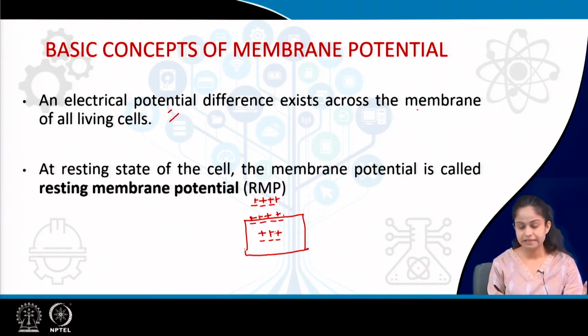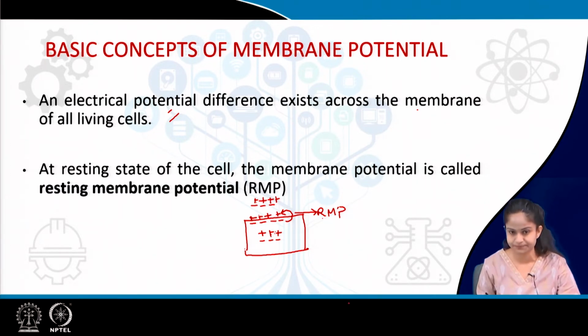As we can see, there are differences of the charges at the surface of the membrane and just below the membrane, which gives rise to a potential difference, and this potential difference is known as the resting membrane potential when we are recording it at rest. That means when we are not giving any stimulation to the cell.